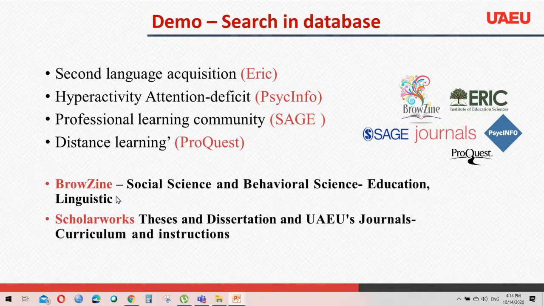So we will also focus on this. Then finally we will see together Scholar Works, which is focused on the theses and dissertations published by UAEU, and in addition to the UAE journals, one of the journals famous in this repository is the Education Journal. So we will do this inshallah together.